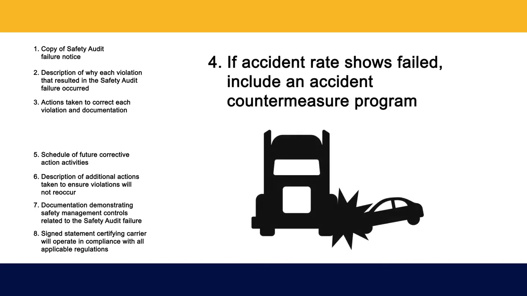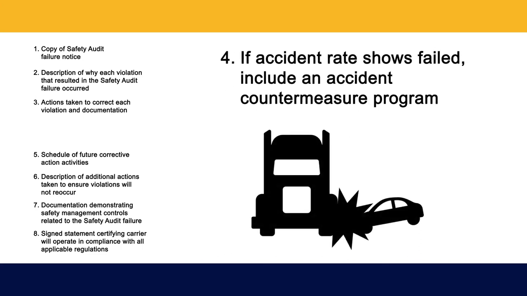If you failed your safety audit due in part to an unacceptable accident rate, include an accident countermeasure program as part of your submission. The program should include, at minimum, defensive driving training, identification of causative factors, and preventative measures implemented to reduce crashes.